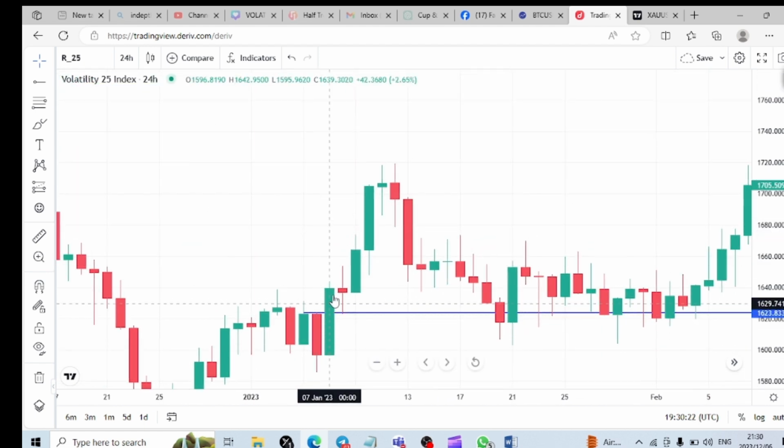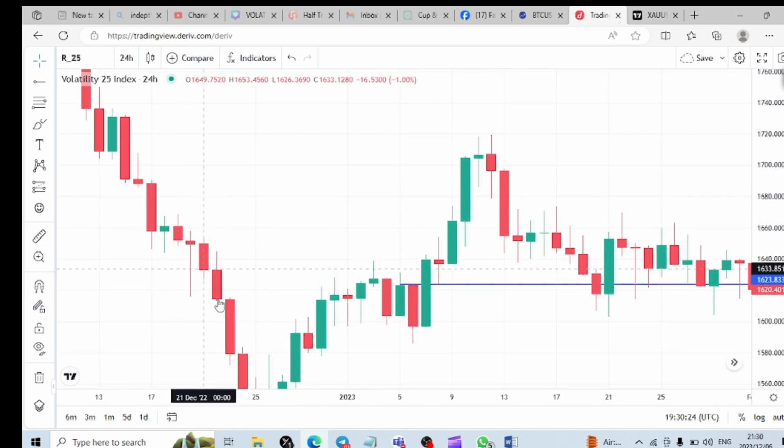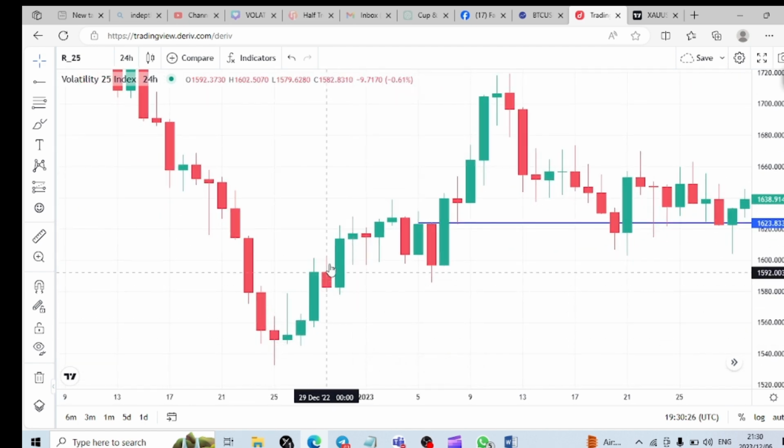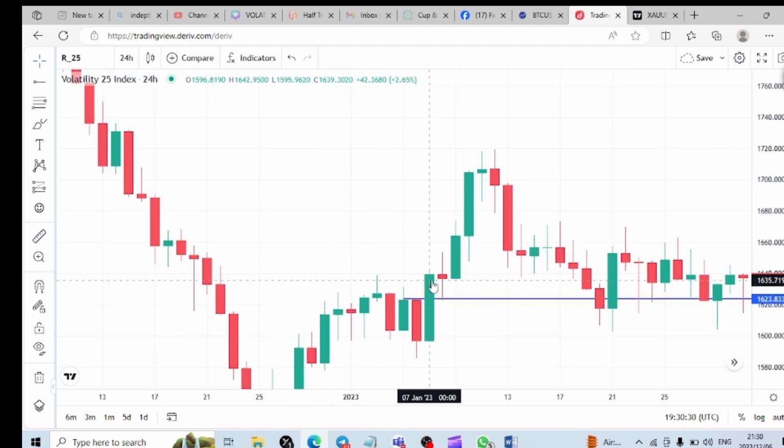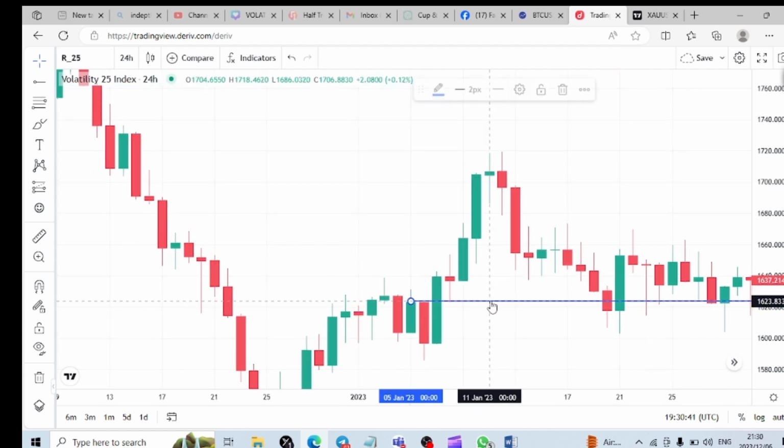Like here, this big candle here, price all along was moving downwards, and here it moved a little bit, and then it started to move upwards. But we can see that from this particular level, they were very big candles. These big candles are signifying that there is the involvement or the presence of smart money traders. So as retail traders, we can't see this.